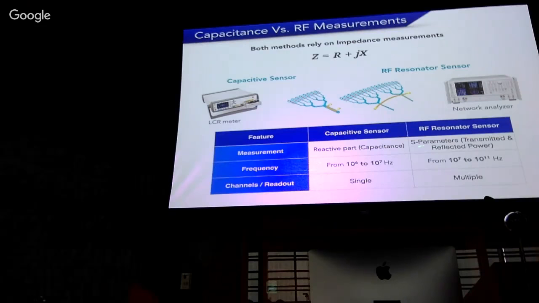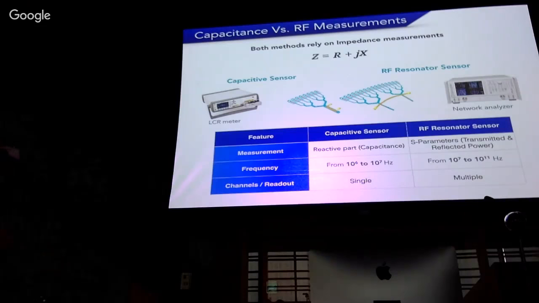Here, this table compares the two. For the capacitive sensors, we can directly measure the reactive part of the impedance with an LCR meter. And then you can effectively measure capacitance in ranges, well, it should be a few hertz to megahertz. And you need an instrument per channel, depending on the number of channels that you need to read.